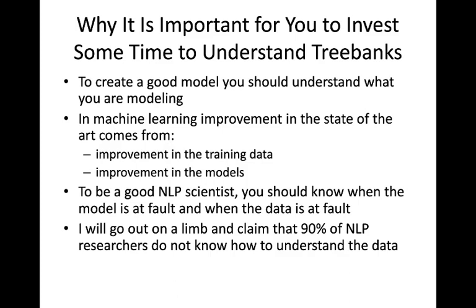So there are two kinds of ways the model could be wrong, right? You could have a bug, or the architecture of the model could be not well suited to the problem space.